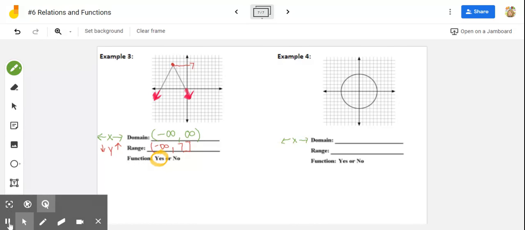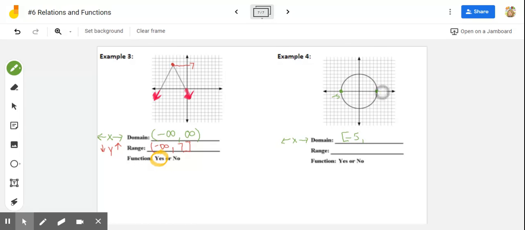So in number 4, guys, we're looking at how far to the left to how far to the right we go. Notice that you're on a circle, so you do not go past a certain amount. On the very far left, it looks like we do not go past -5. And -5 is actually on our circle, so we're going to give it a bracket, comma, how far to the right do we go?